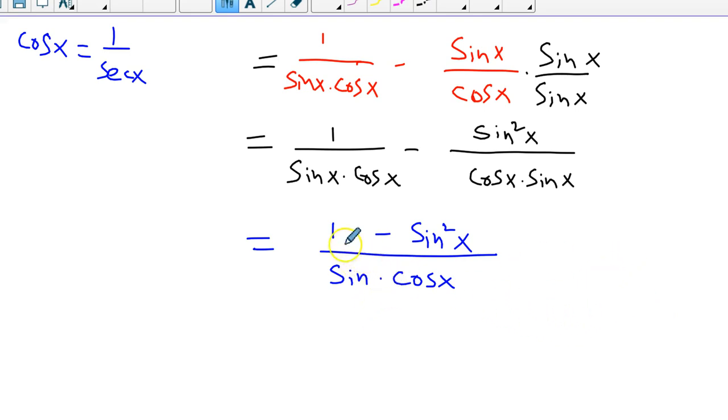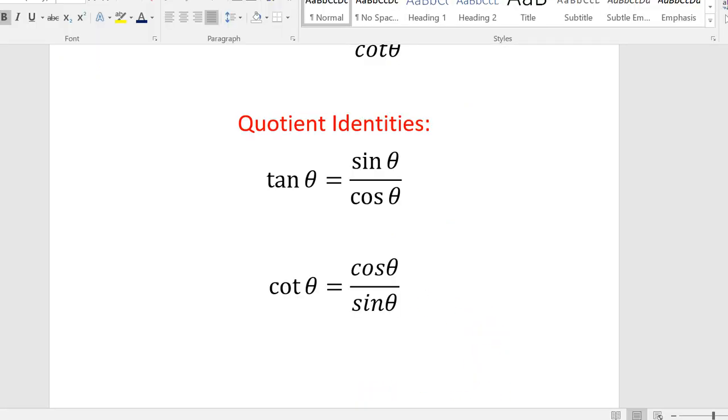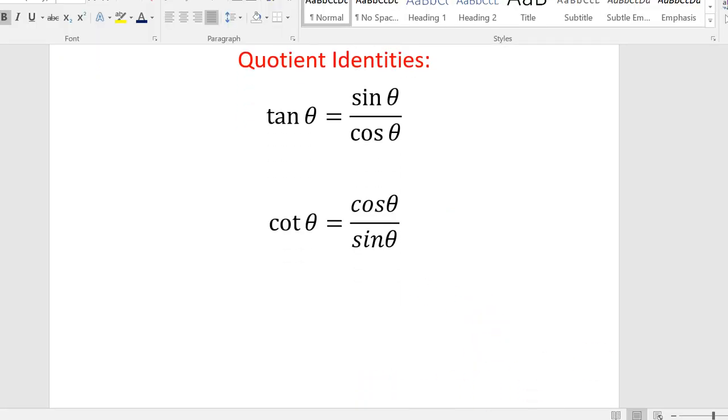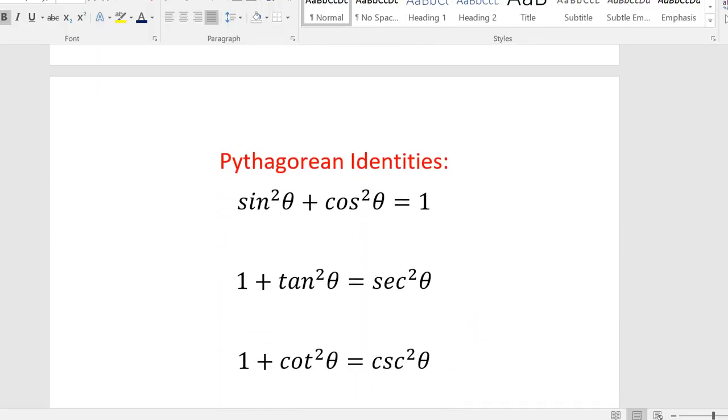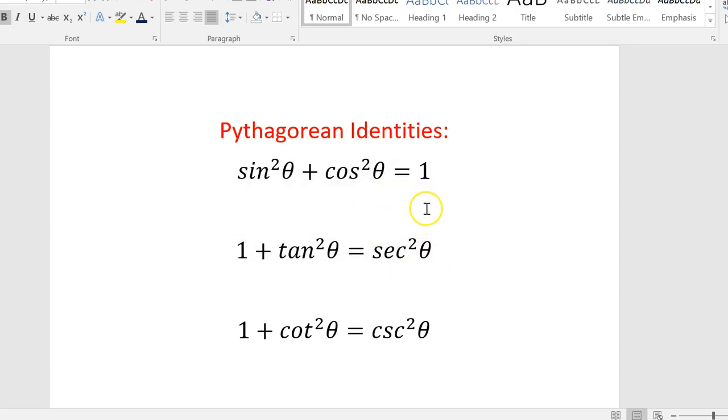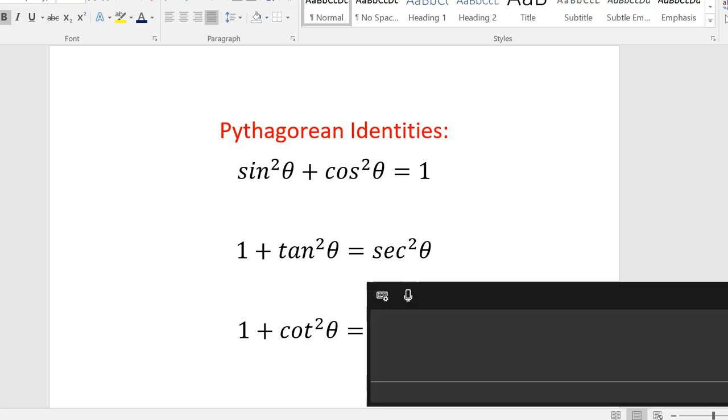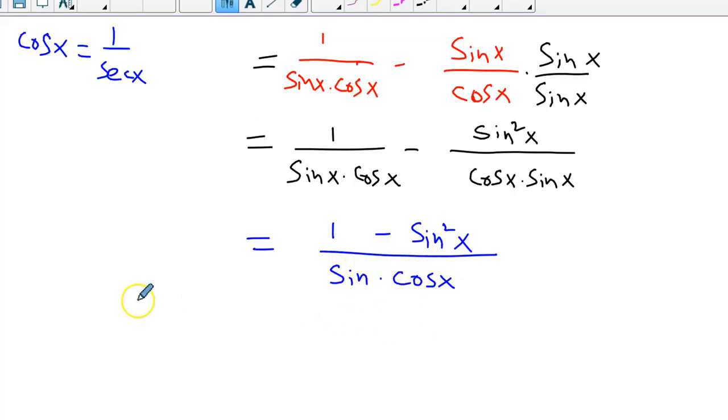Now, in this case here, we have 1 minus sine square x, and we know the first Pythagorean identity. What is that? We have sine square theta plus cosine square theta is equal to 1. So we'll make use of this identity for this step.